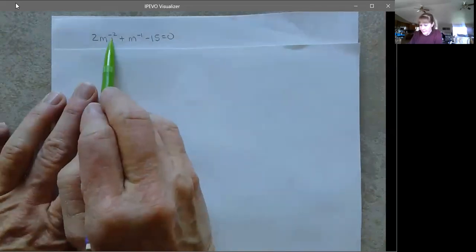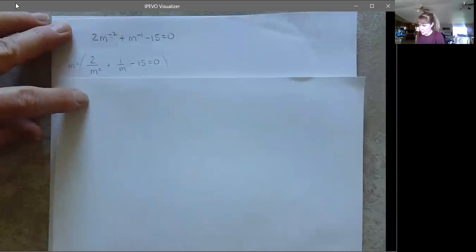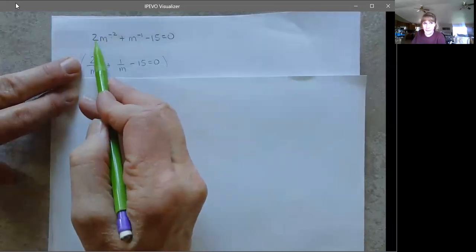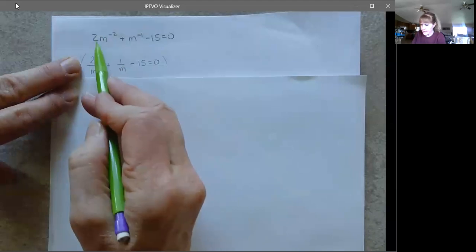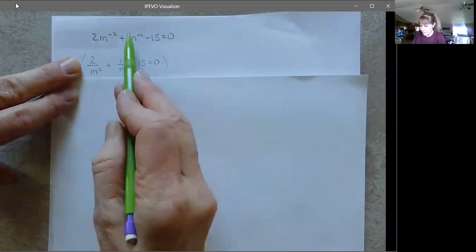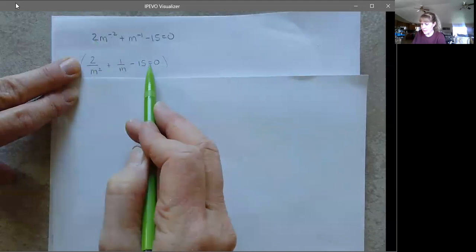Negative exponents mean that they would come underneath. So I would rewrite it. 2 does not have a negative exponent. There's no parentheses. So the m squared comes underneath, plus this is 1 over m minus 15 equals 0.